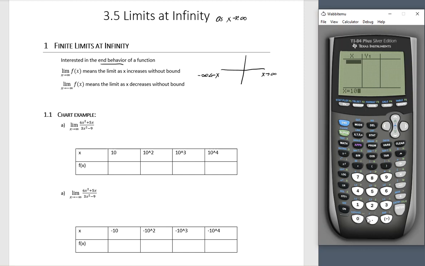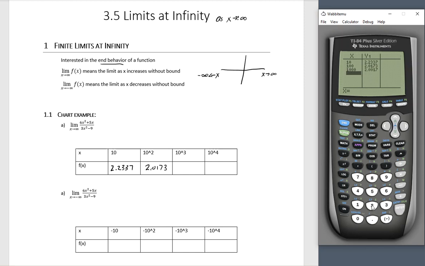So when x is 10, we get, let's just write this down, 2.2337. 10 squared, that's 100, 2.0173. 10 to the third, that's a 1 followed by 3 zeros, because I can count 3 zeros.